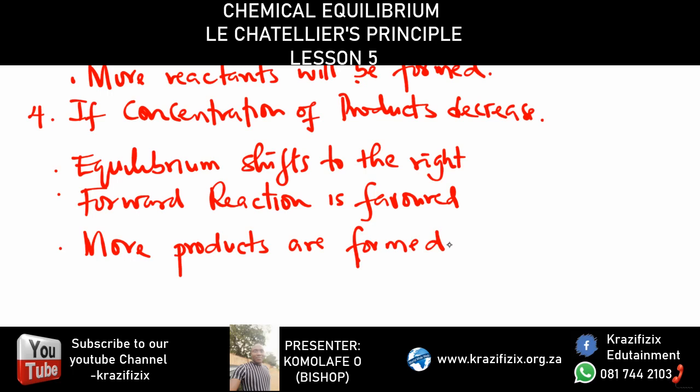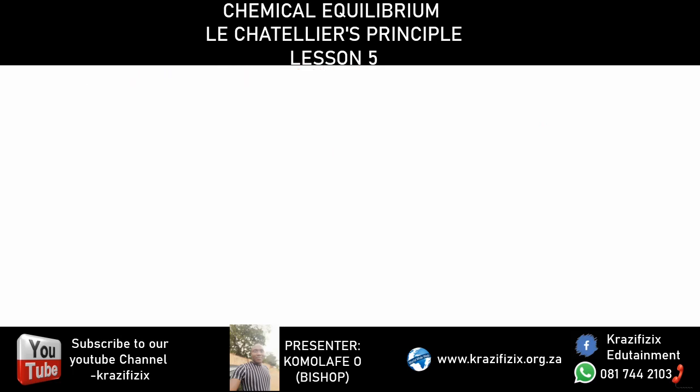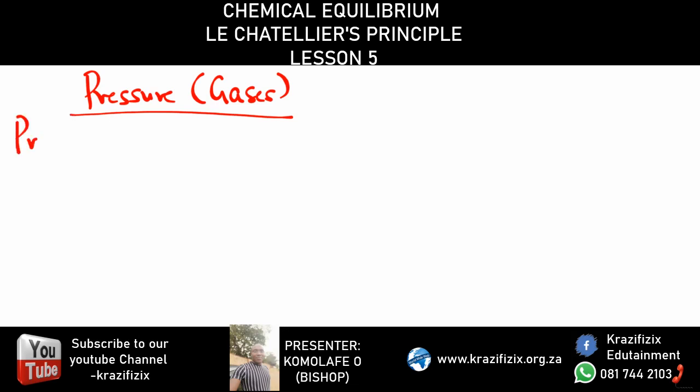Let's quickly look at the effect of our second condition, which is pressure. Applicable to what? Gases. What will happen? How will pressure change the whole system? Number one, pressure changes, let's do this with regard to volume.